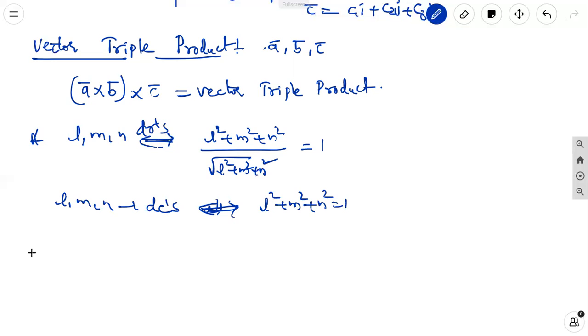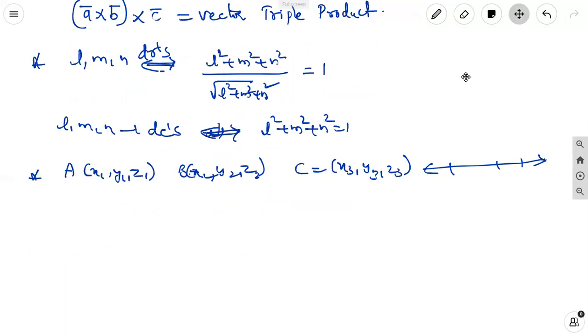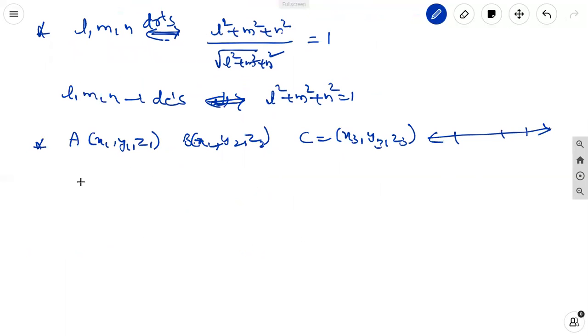Next, note: if there are three points or three vectors on a line, A is X1, Y1, Z1, B is X2, Y2, Z2, and C is X3, Y3, Z3, then the determinant of the three vectors should be 0.